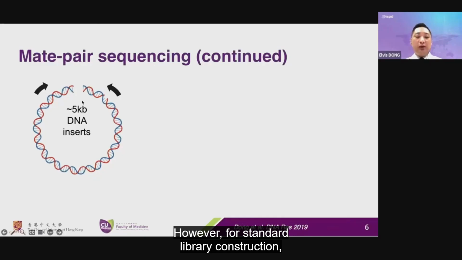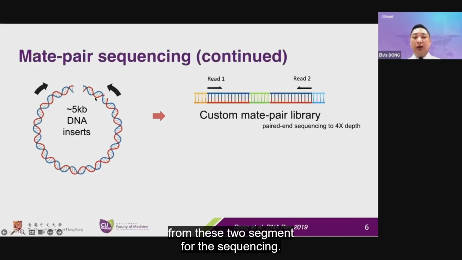However, with standard library construction, we are not able to have DNA as long as 5 kb. We need to circularize the DNA in order to get the sequence from these two segments for sequencing. So the end library will contain the information from these two arms.